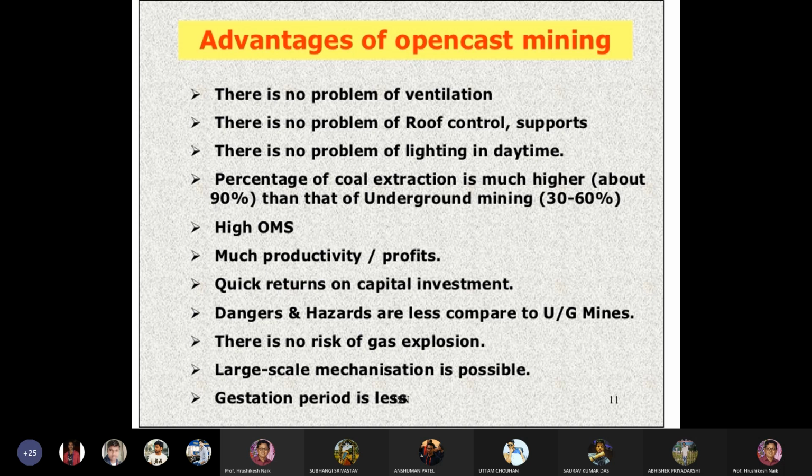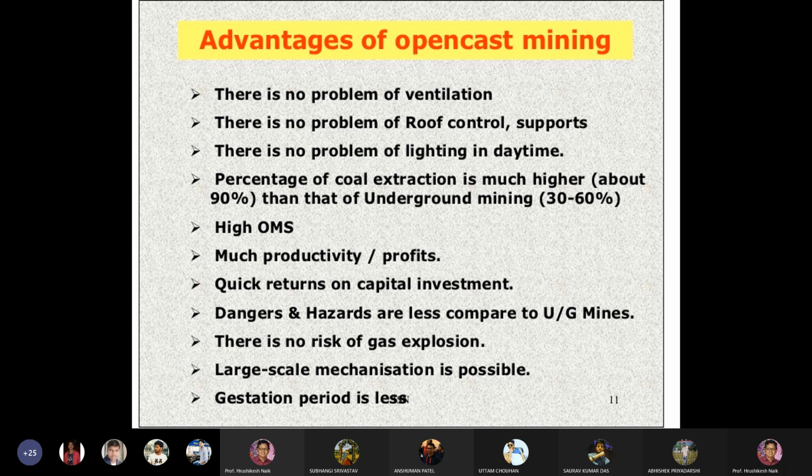But if you want to work in underground mines, even during the daytime you have to take the cap lamp along with you to work inside the mine. Or you have to provide a lighting system in underground mining throughout the day and throughout the night. So this is one advantage of open cast mining.